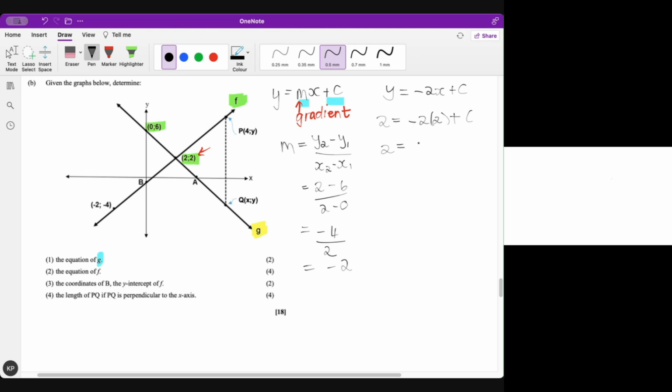Negative 4, beautiful, plus c. Take it over to the other side. What happens when negative 4 goes over to the other side? It becomes a plus 4. Therefore, c is equal to 6. So your equation is y equals negative 2x plus 6. And all of that only for 2 marks. First mark is for the negative 2, second one is for the 6.